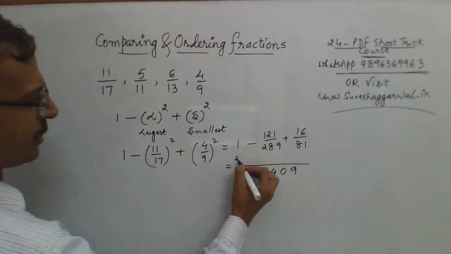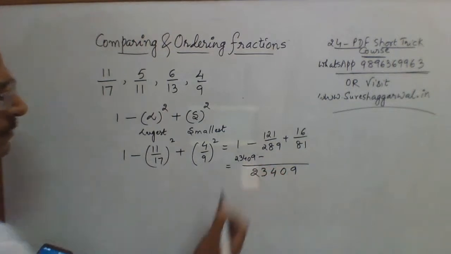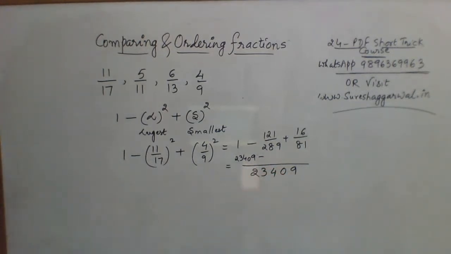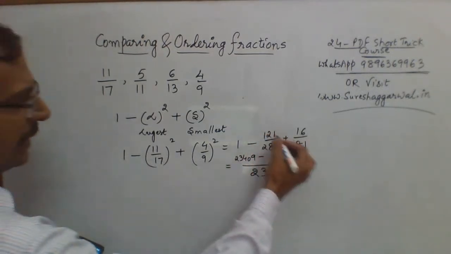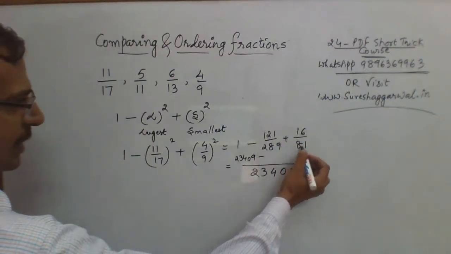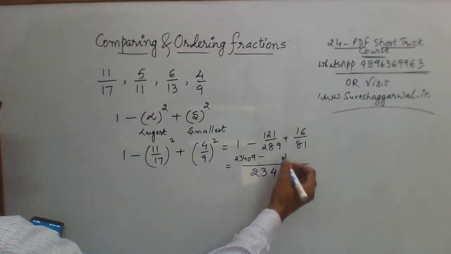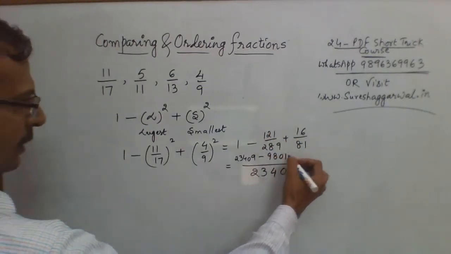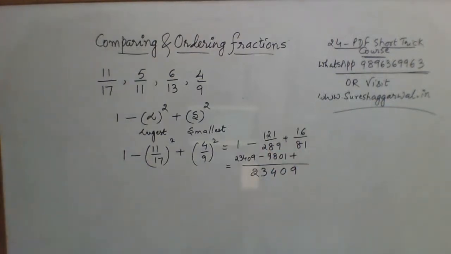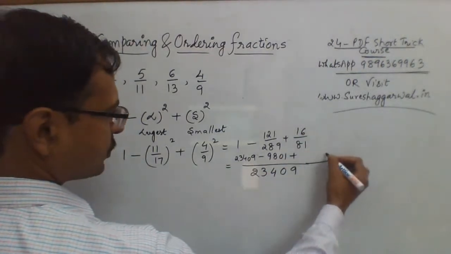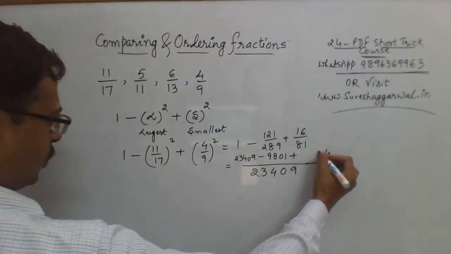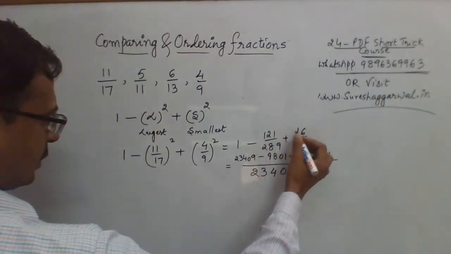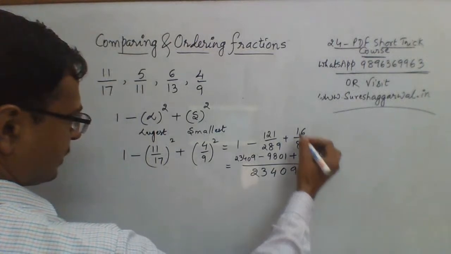The same number comes here: 23409 minus, and now 121 will be multiplied by 81, which gives 9801. Then finally 289 will be multiplied by 16 to get the last part, which is 4624.